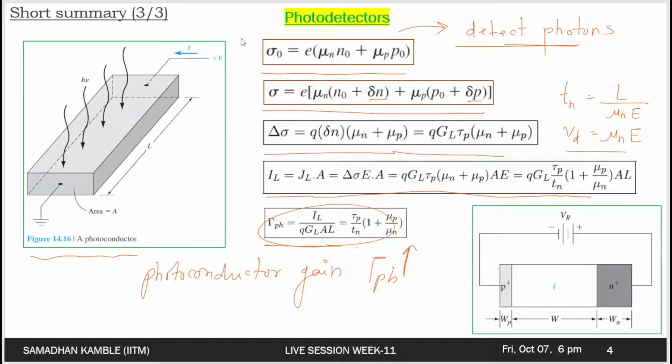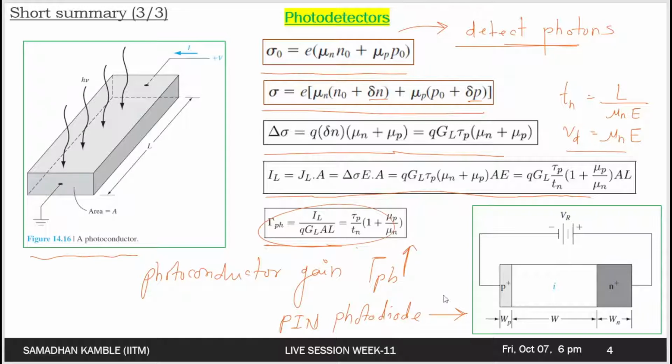Also, one of the other classes of photodetector we saw is the PIN photodiode. The PIN photodiode is shown by this figure here. The motivation is as follows. In many photodetector applications, the speed of response is a key and very important property.